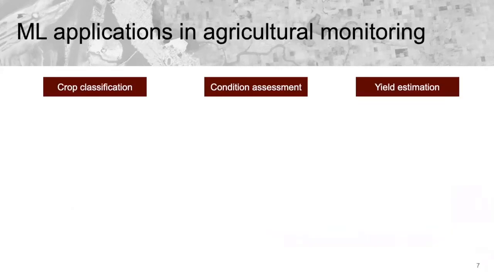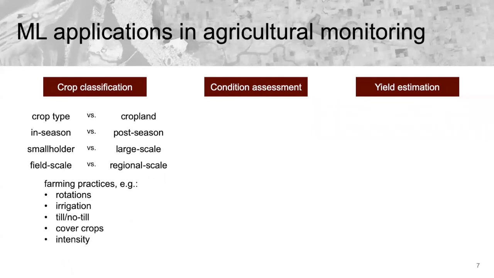So Anu gave a good overview of research areas in machine learning for agriculture, particularly as it relates to the grower. And I think this is kind of a more macroscopic view of machine learning for agriculture, where we break down into 3 sub-problems, which are crop classification, condition assessment, and yield estimation.